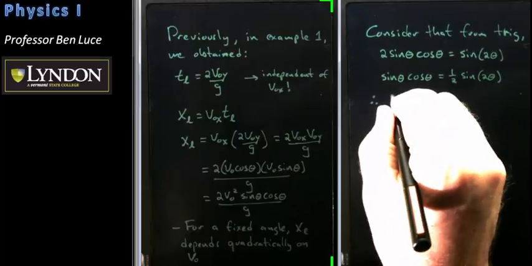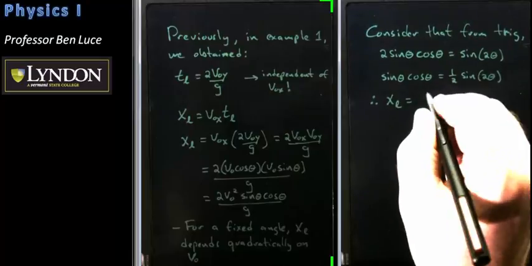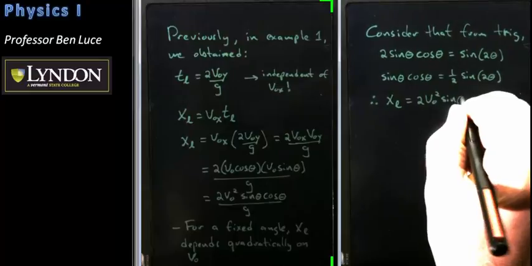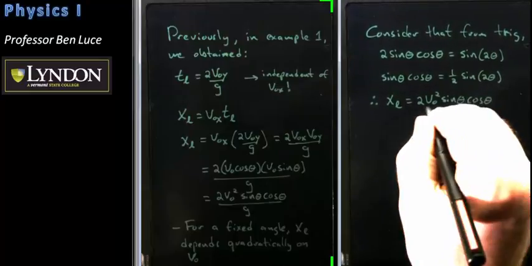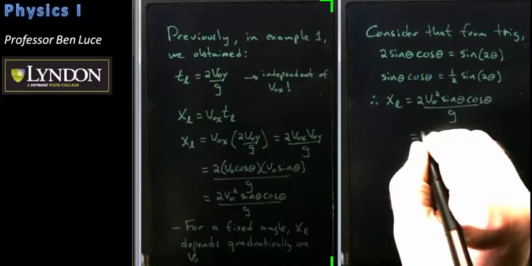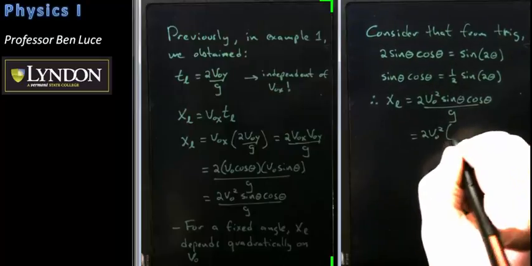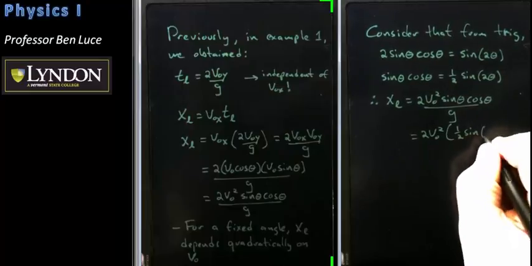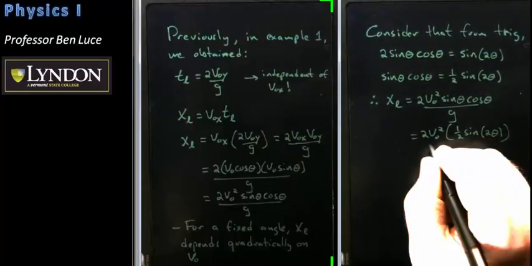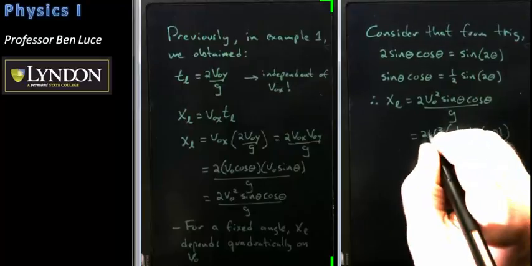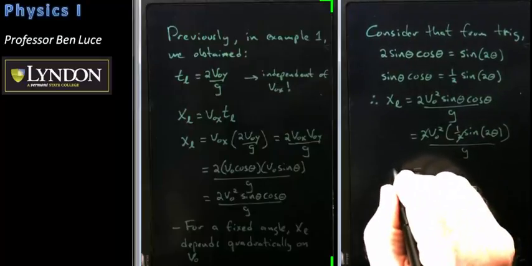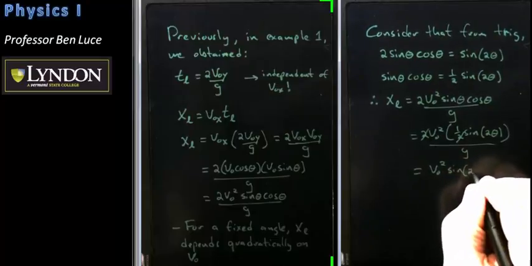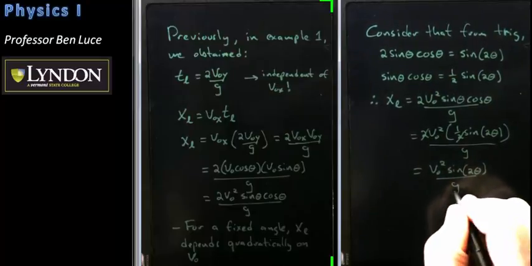Therefore XL, which we found previously equals 2 V naught squared sine theta cosine theta all over g, can be rewritten, subbing in 1/2 sine of 2 theta and then canceling these 2's, as V naught squared sine of 2 theta all over g.